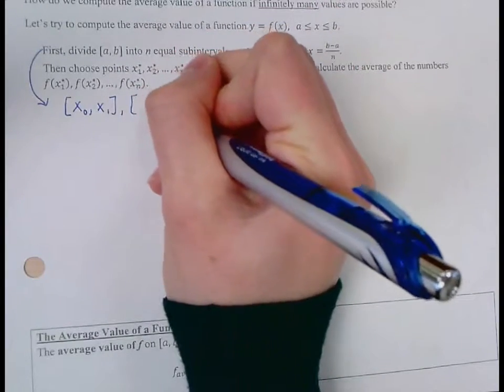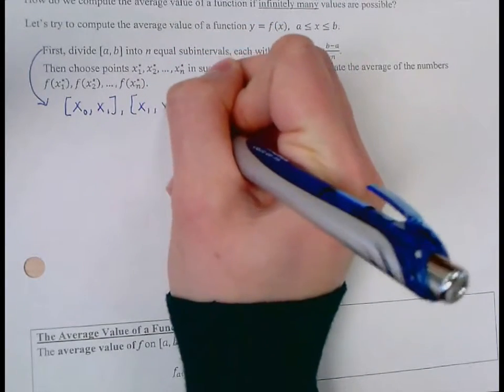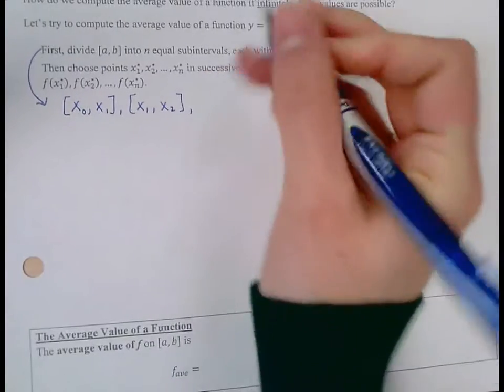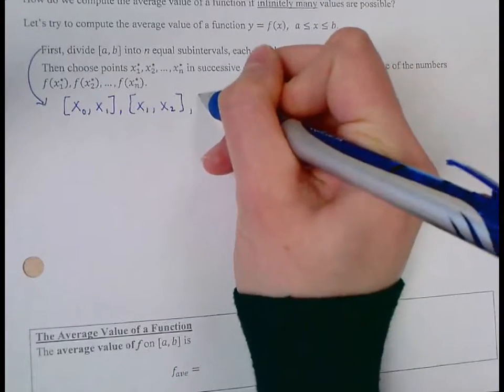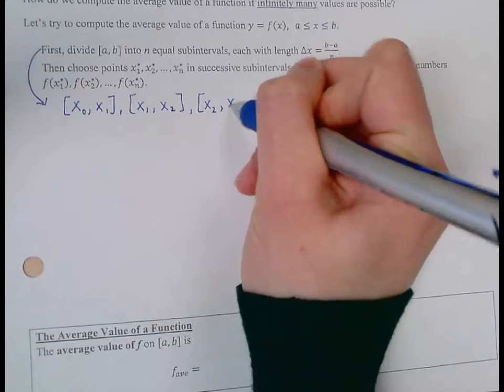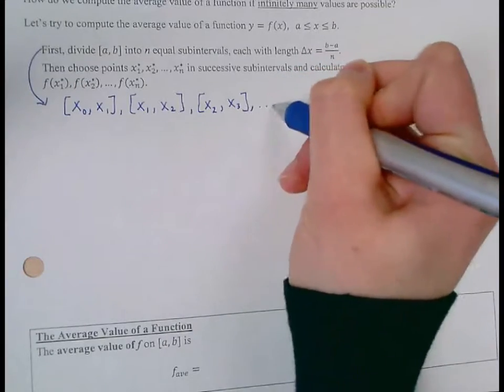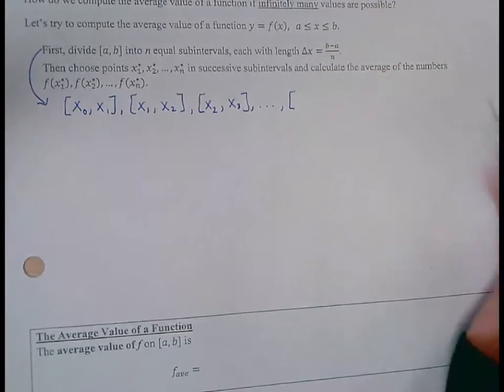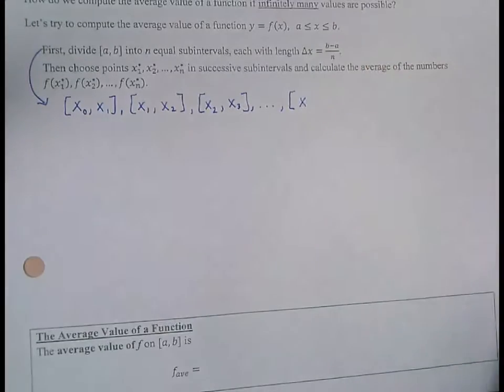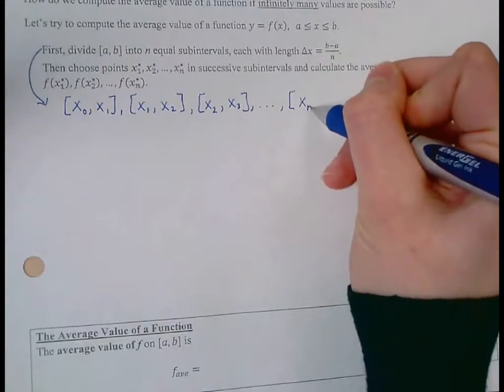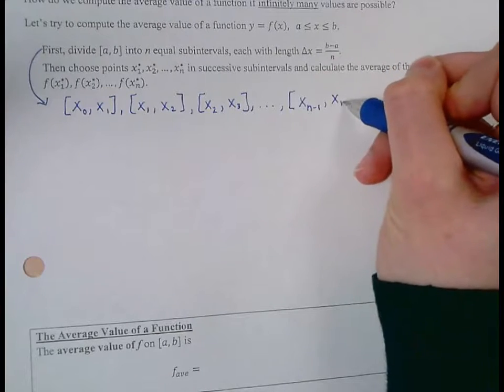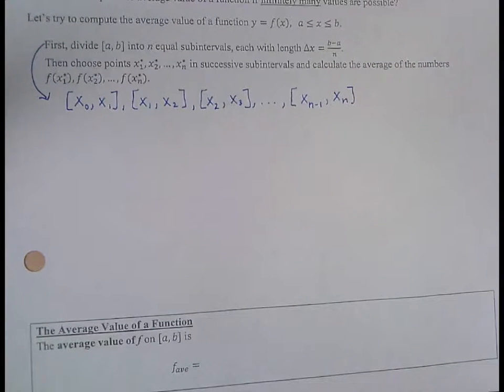Your second interval would be x sub 1 to x sub 2, then x sub 2 to x sub 3, all the way up to your last interval, x sub n minus 1 to x sub n. Whatever your interval a to b is, whatever your n value is, take b minus a, divide it by n, and you'd get your intervals.